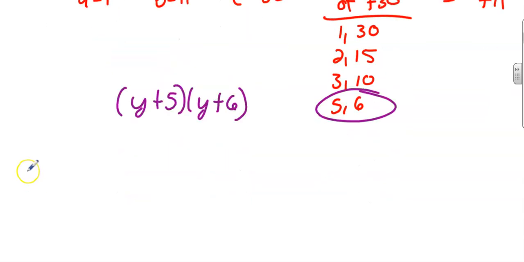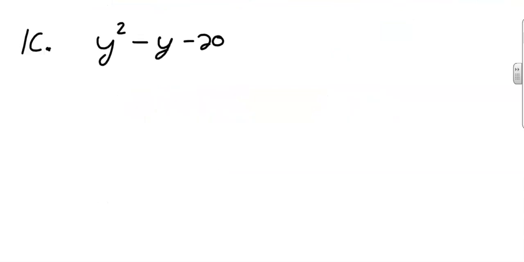Okay, now let's give you one with some negatives, because that's going to change things up just a little bit. So let's go with y squared minus y minus 20.